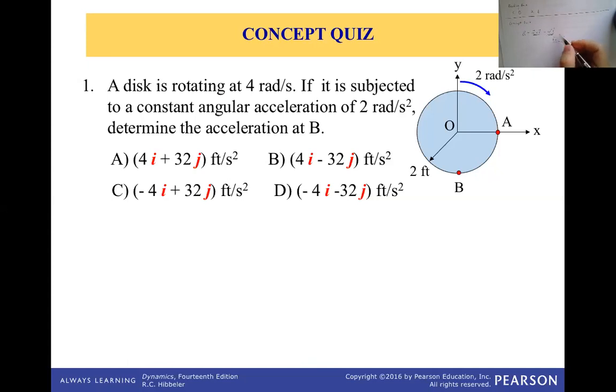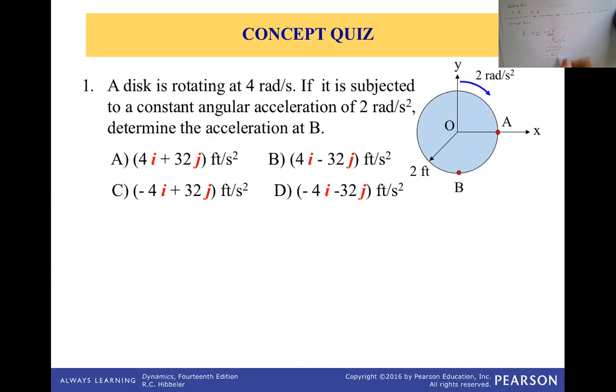Then omega squared is a scalar, so it will be 4 squared, which gives you 16, times r, which I believe is 2. So minus 2 in the j direction, and then with the negative sign, the minus gives you 32j. So we have determined the j component to be positive j.